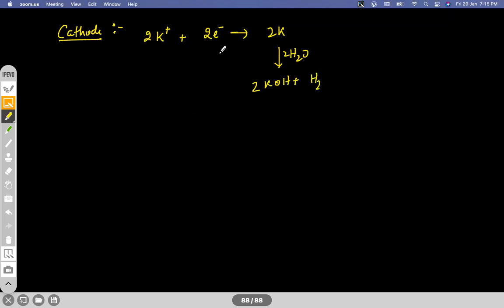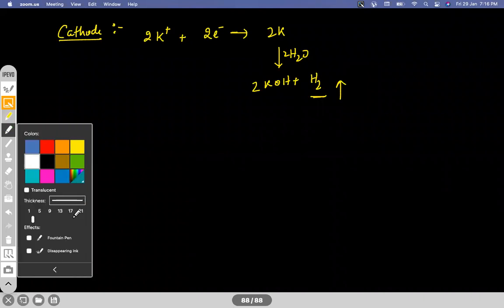You can also write down here 2K plus H2O plus 2 electron gives this. Yes, that was the anodic reaction. Here you see at cathode hydrogen gas evolves. At anode, CO2 evolves. At cathode, H2 evolves.